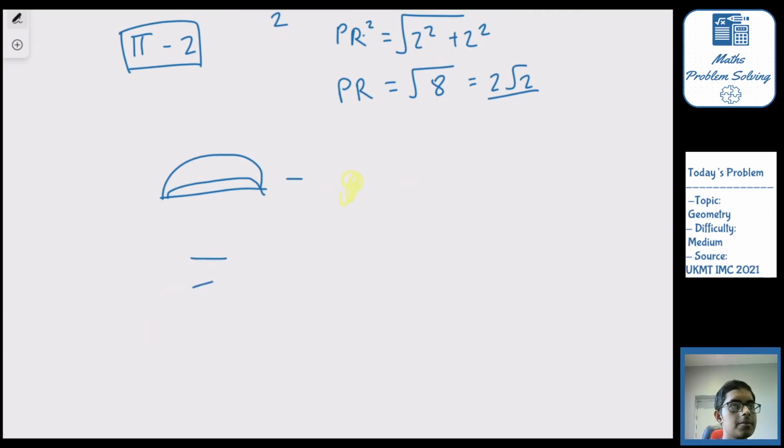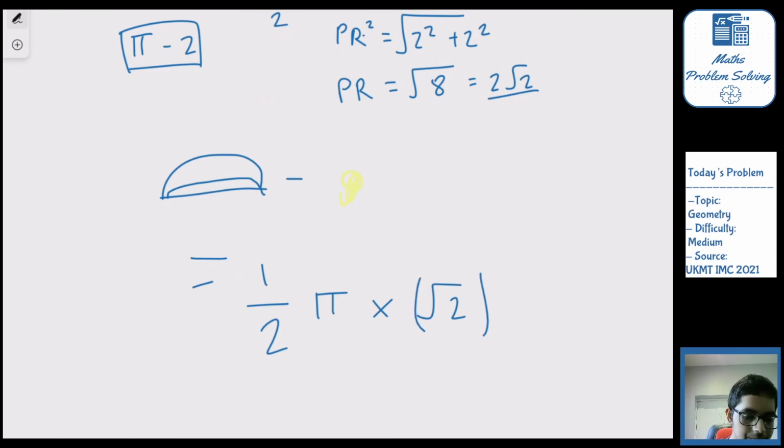So the area of this semicircle equals a half, because it's a semicircle, remember. PR is 2 root 2, so the radius of this semicircle equals a half of that, which is just root 2. A half times pi times the square root of 2 squared, minus the yellow area, which is pi minus 2.